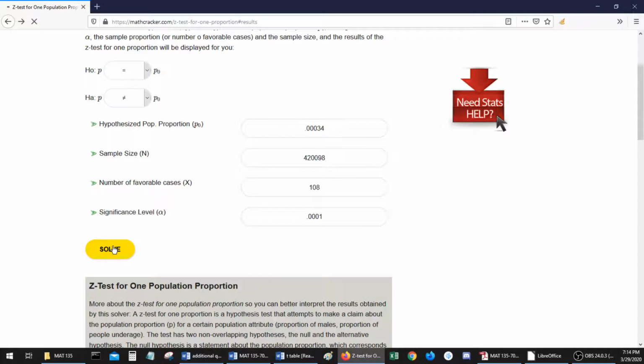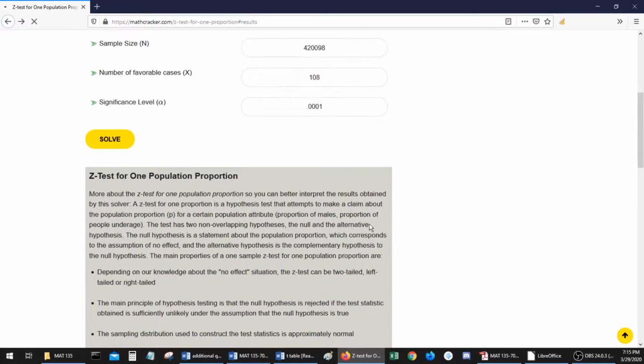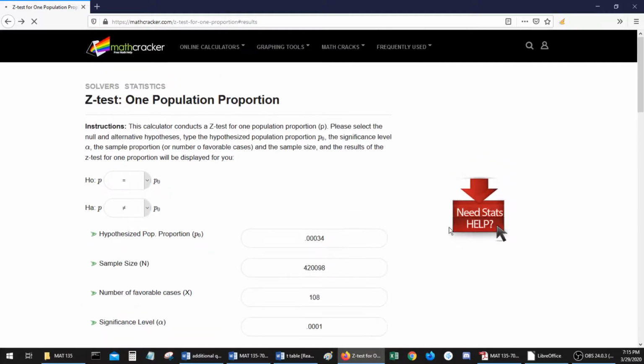So we'll let the computer think for a second. These numbers are so extreme, I wouldn't be surprised if the calculator doesn't work. We'll find out though. Come on.